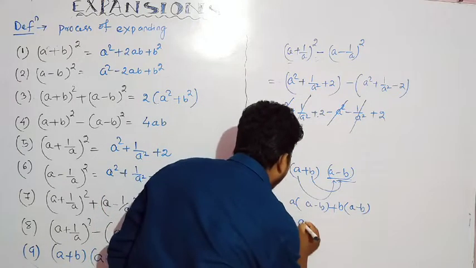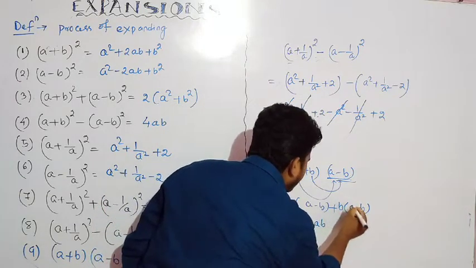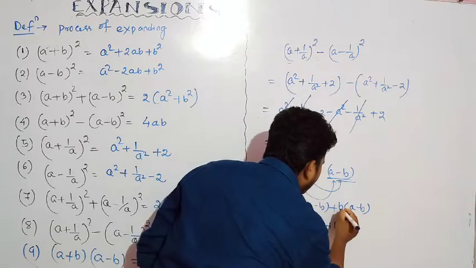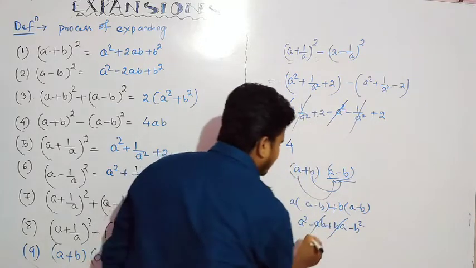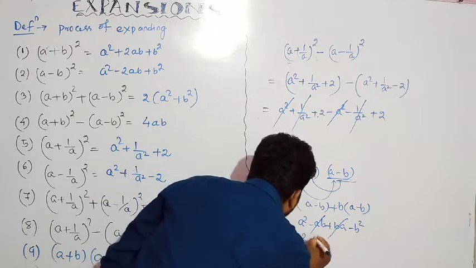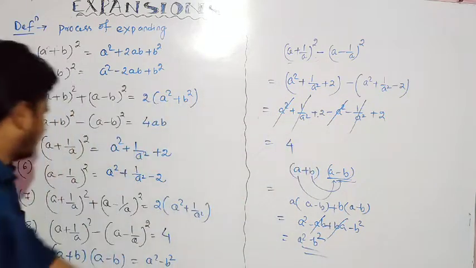So a into a is a², minus ab, then b into a is plus ab, and b into minus b is minus b². Plus ab minus ab get cancelled. After evaluation we will get a² − b². This is the last one.